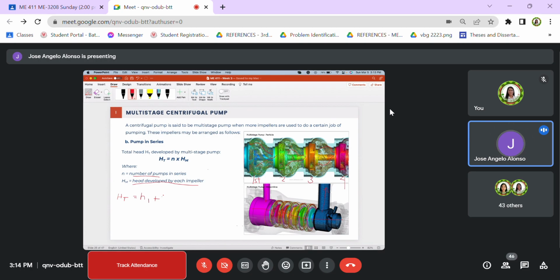However, sa ganitong situation, kahit na namumultiply yung total head ng pump depending on the number ng pump in series, yung total volumetric flow rate ng pump in series will remain the same or constant, gaano pa kadami ang pump connected in series. So Q1 equals Q total equals Q3 and so on and so forth.